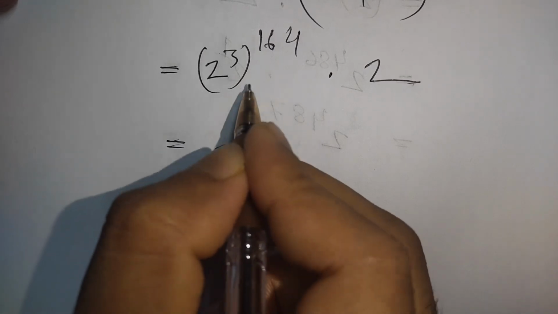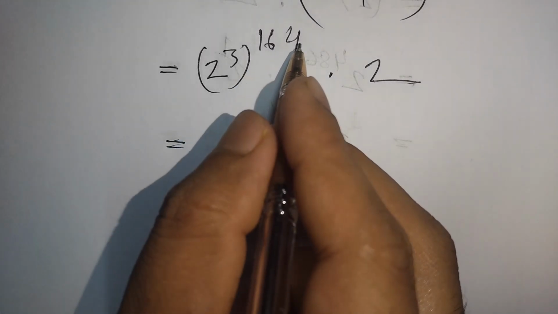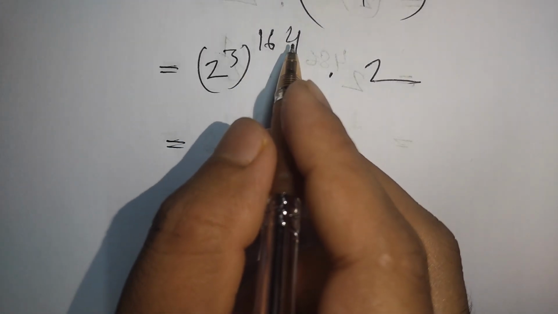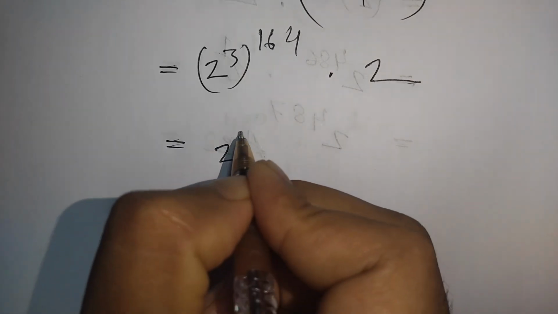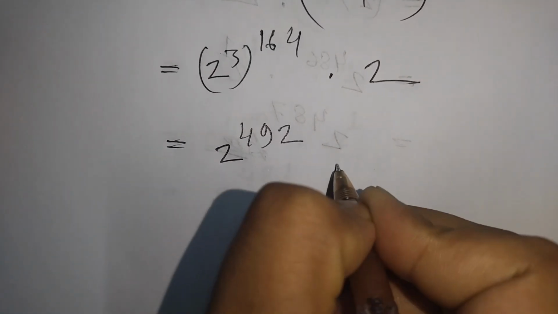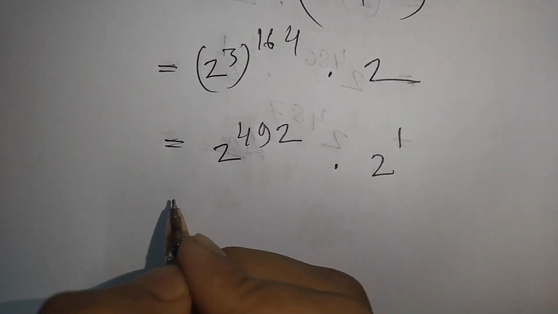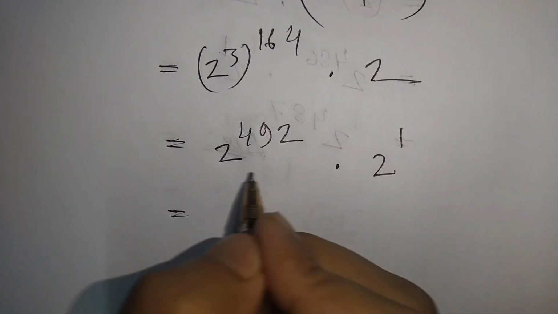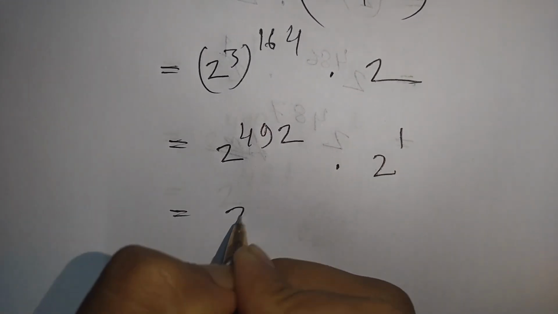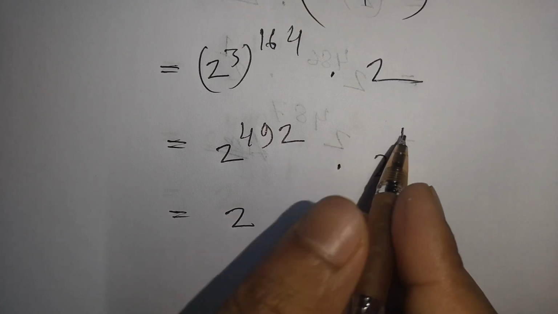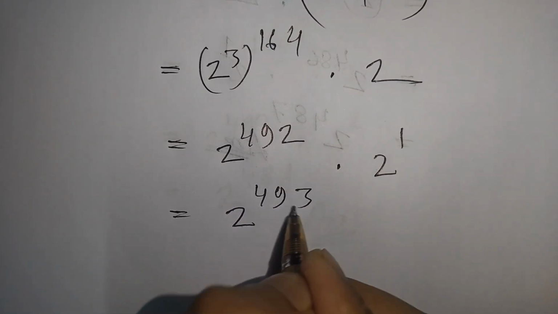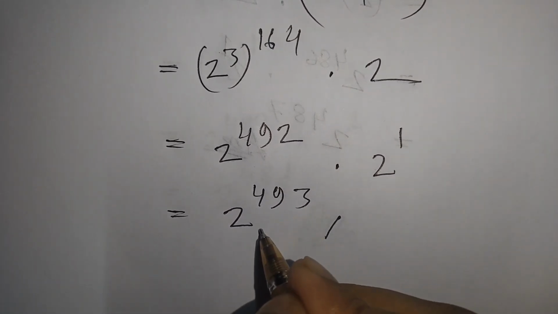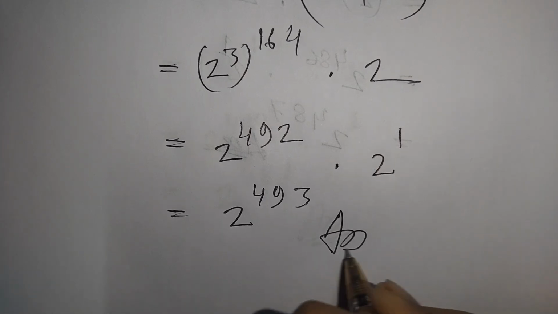Now 2 to the power 3 times 164 means 492, times 2 is the same as 2 to the power 1. Now we see that 2 is the same base but in a different form, so we can write here 2 to the power 492 plus 1, that means 493. So 2 to the power 493 is the correct answer.